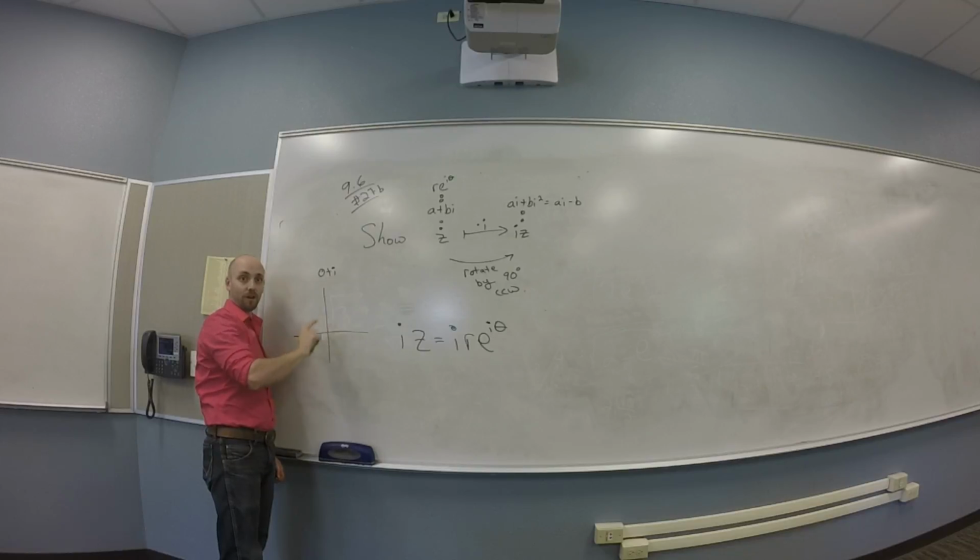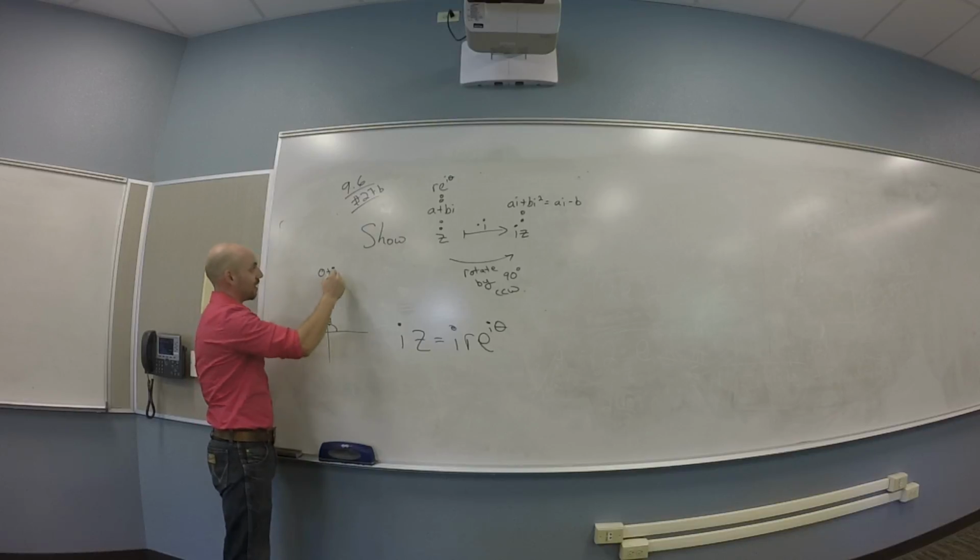Go over none, go up 1 unit, there you are, i. This is 1 unit long. What's the angle there? 90 degrees. If it's 1 unit long, that tells you about the radius. So the radius is 1.